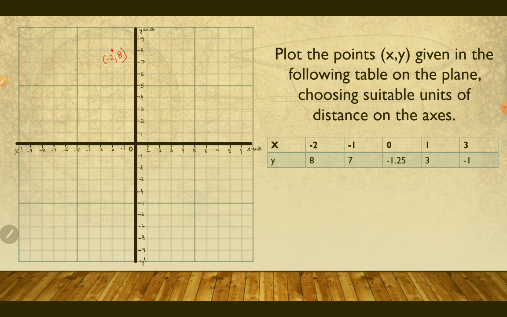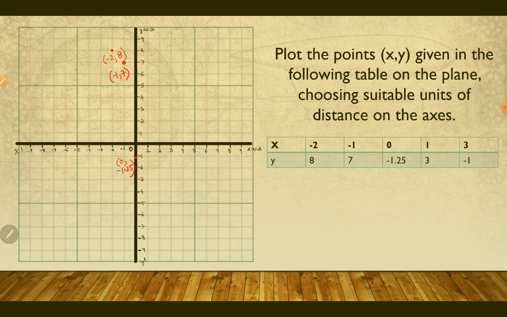Then it's minus 1 comma 7. This is minus 1 comma 7. Then it's 0 comma minus 1.25.